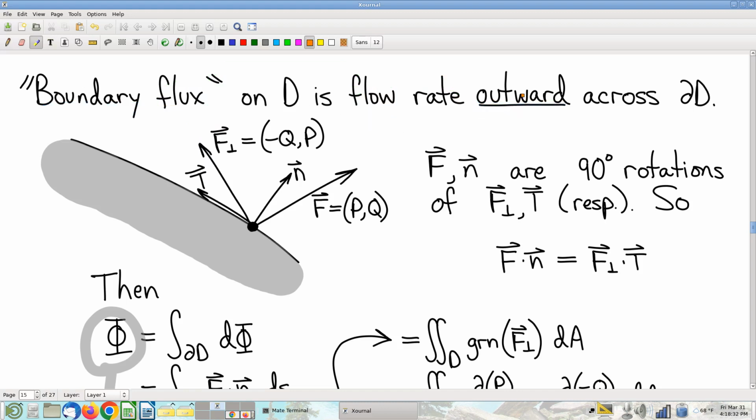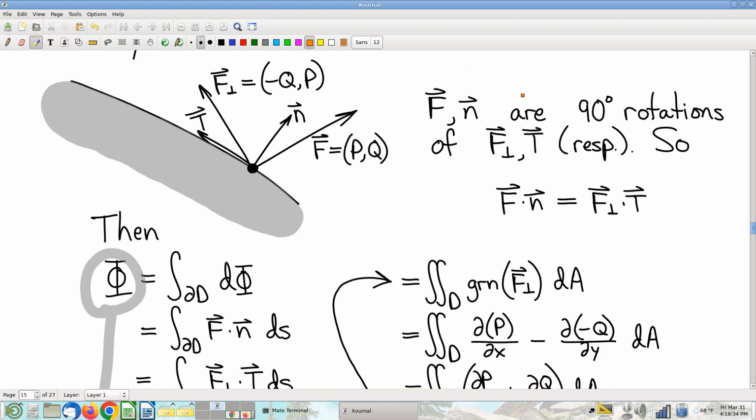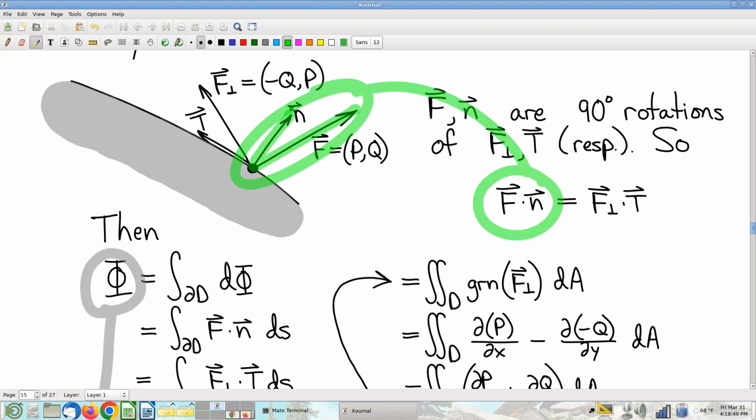Okay. So, how to compute that? Now, we're not going to get through this right now, but I'm going to make a quick geometry argument that will pay off in a minute. I'm eventually going to find myself looking at a dot product of a vector field and our normal vector. I'm going to make the innocent observation here that dot product depends on the magnitudes of those vectors and the angle between them, none of which is affected by rotating 90 degrees.